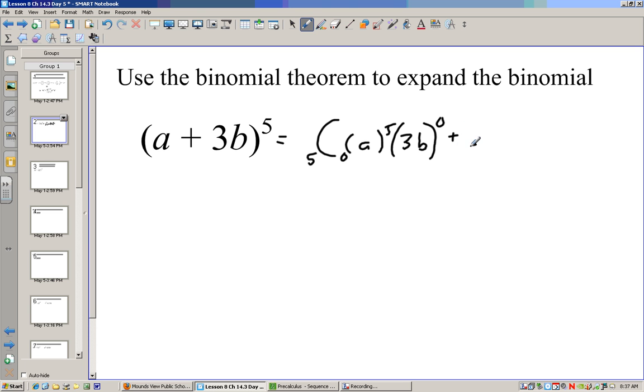Our next term, we do 5 choose 1. Our first term to the fourth power, our second term to the first power. Remember, these two always have to add up to our n.